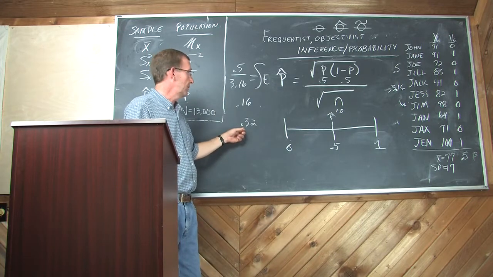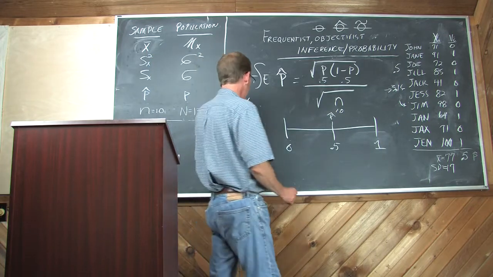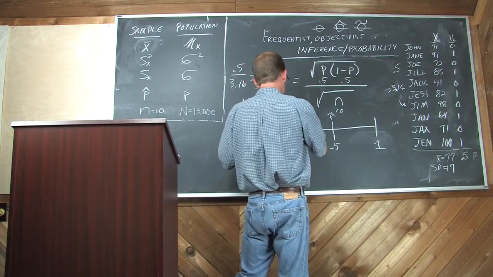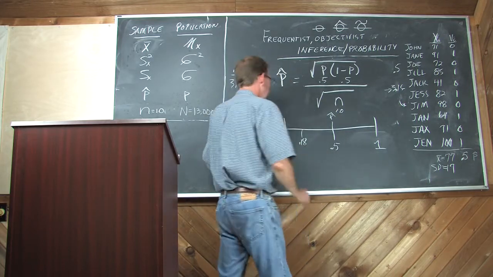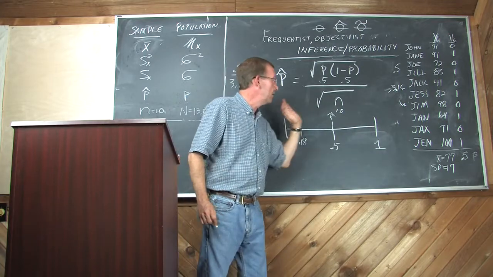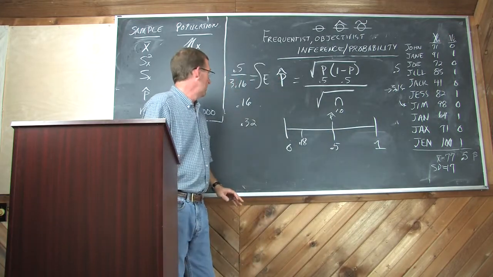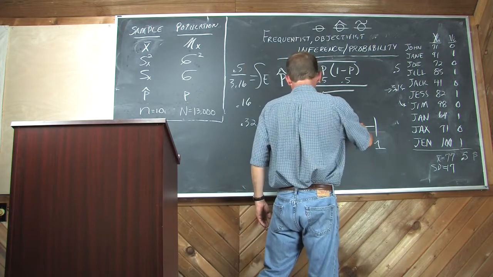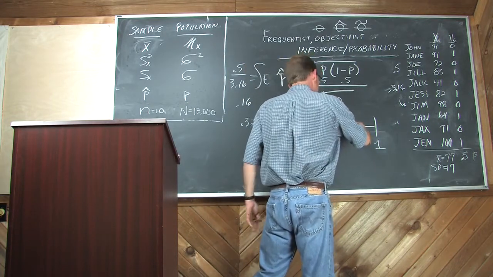So we're going to subtract 0.32, which should give us 0.18, right? Yes. And then over here, we're going to add 0.32, which should give us 0.88. Oh, 0.32. Excuse me, 0.82.